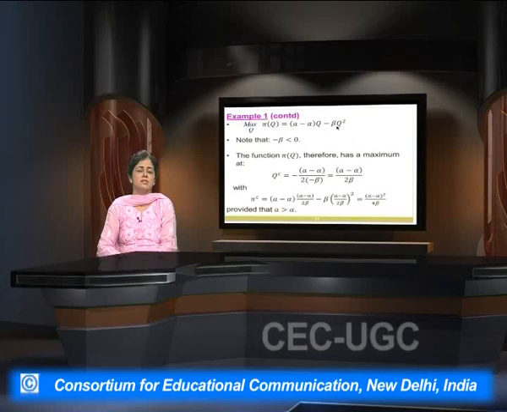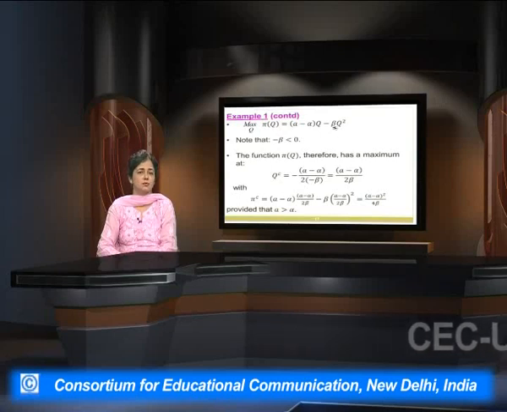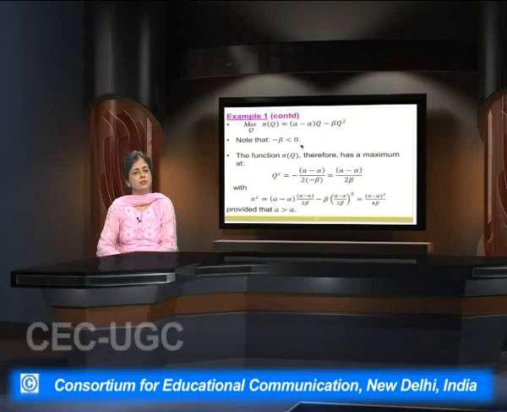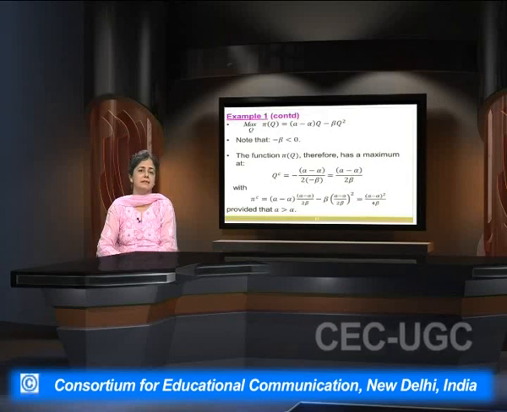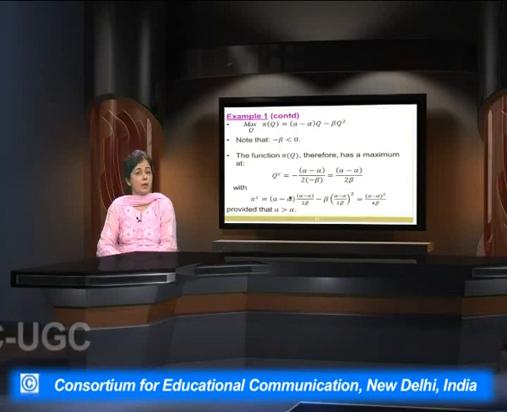Again, if you notice, this profit function is a quadratic function, and the coefficient of Q square is minus beta, which is negative. So clearly this function pi of q is going to have a max, and where will it have its max?